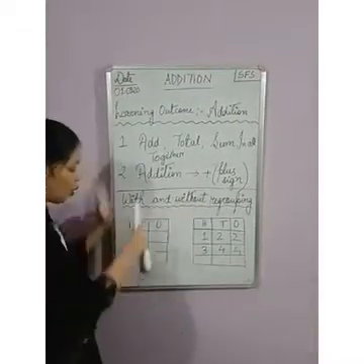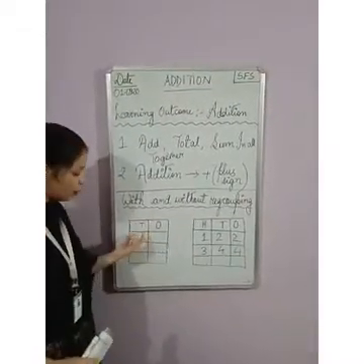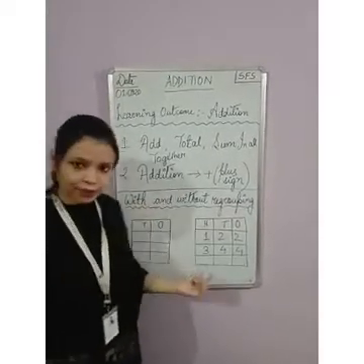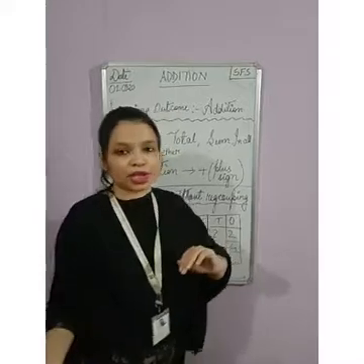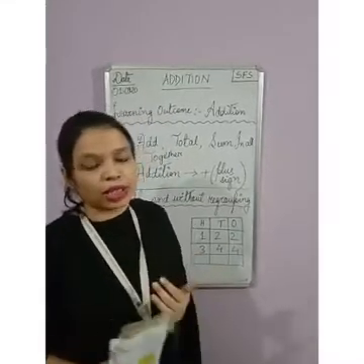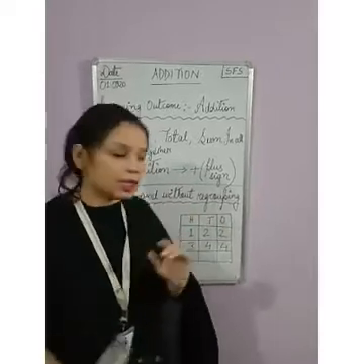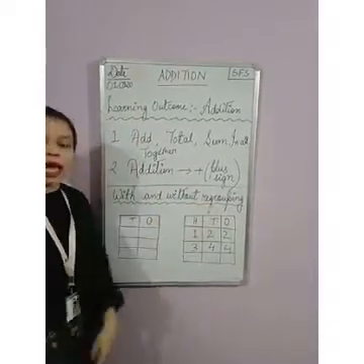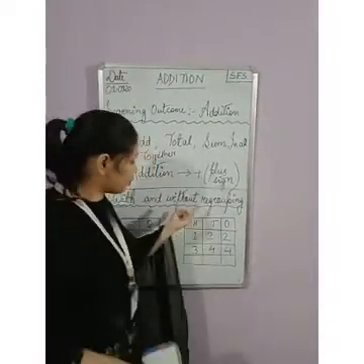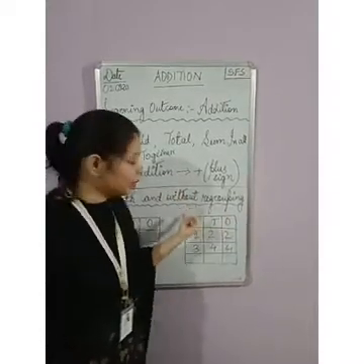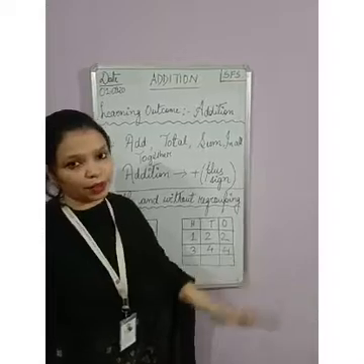It is borrowed, taken from the nearby column, that is from the tens to the ones. Both in addition and subtraction, the carryover and the borrowing are known as regrouping. If there is carryover or borrowing, it is with regrouping, and if there is no carryover or no borrowing, it is without regrouping.